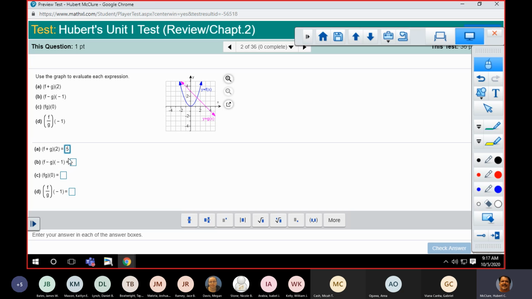Okay, let's do f of negative 1. F of negative 1 is positive 1. G of negative 1 is 4. So somebody tell me what's 1 minus 4? Negative 3, Hubert.